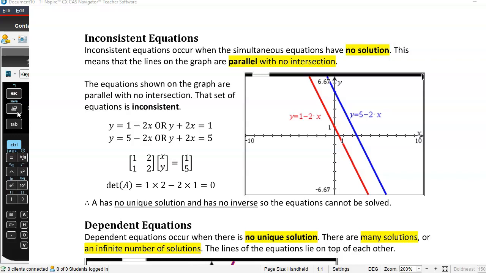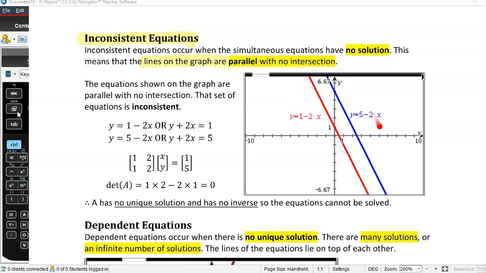So, inconsistent equations. So inconsistent equations occur when simultaneous equations have no solution. No solution. They don't cross. This means the lines on the graph are parallel with no intersections.